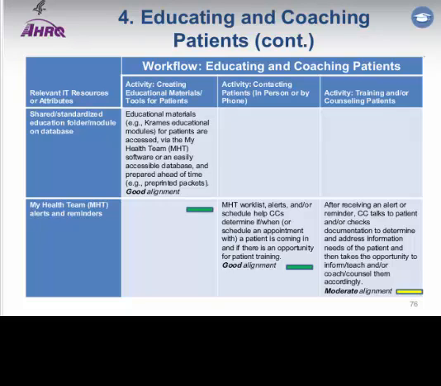But one of the things that they found was that after receiving an alert or a reminder, the care coordinator would not always be able to know exactly how to direct patients to online resources, or how to close the loop with patients as easily as they wanted to.